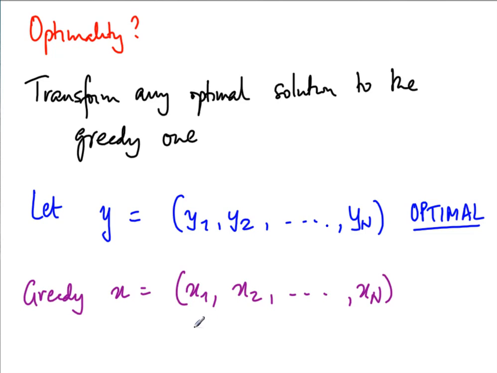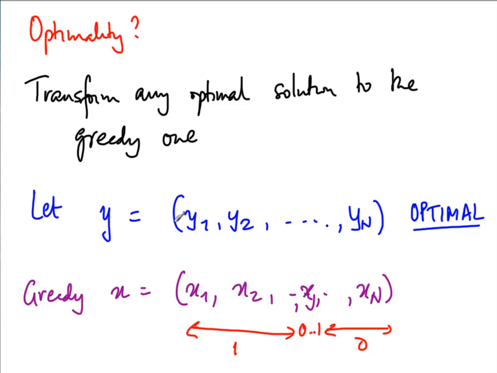And what we know about the x's is that there is this xj, as we have just observed, such that from x1 to xj minus 1 we have 1, from xj plus 1 to n we have 0, and this value is between 0 and 1. Right? So the important thing to notice here is that the xi's were actually chosen in this sequence. We first did x1, then x2, and so on, because that was the greedy strategy.